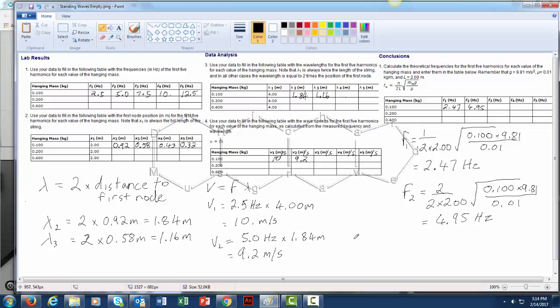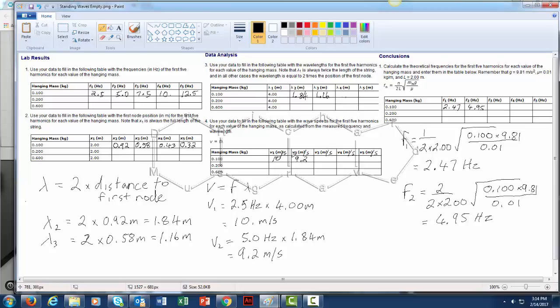It's not too difficult. The next thing you need to do is find the velocity of the wave. They've got the velocity here in meters. It really should be meters per second because that's the unit for velocity. The way that's found is to take the frequency and multiply it by the wavelength. The frequencies are up here, and the wavelengths are what you just calculated a second ago.